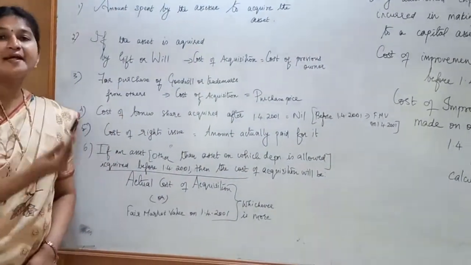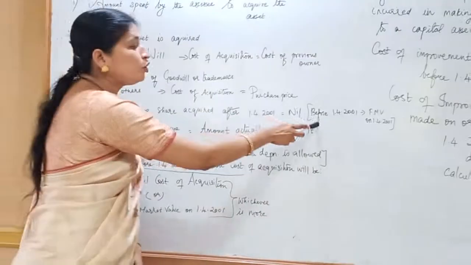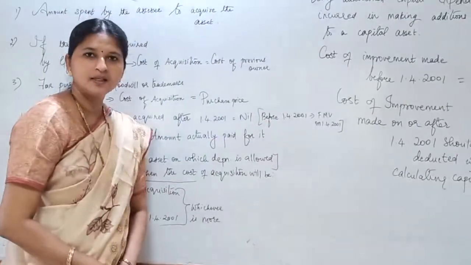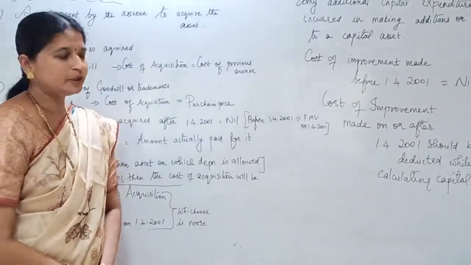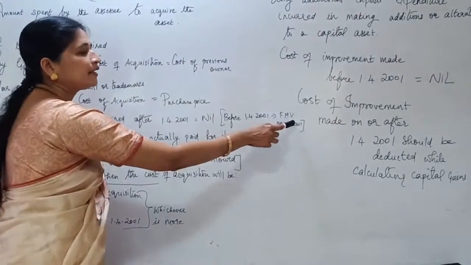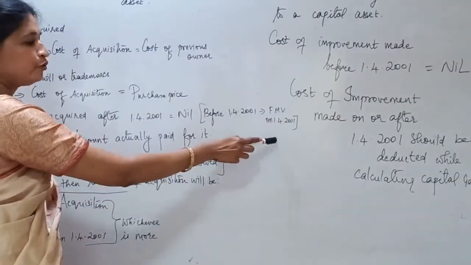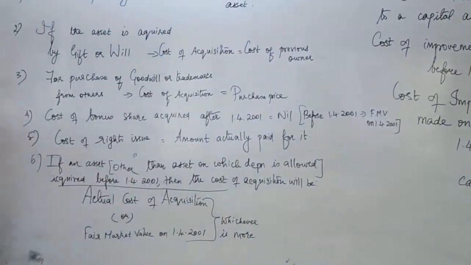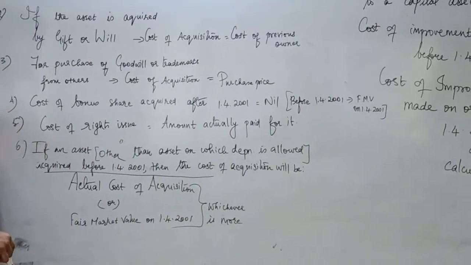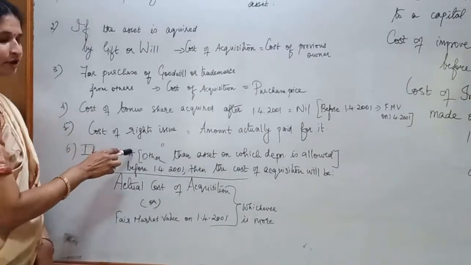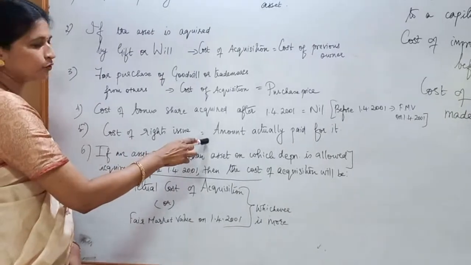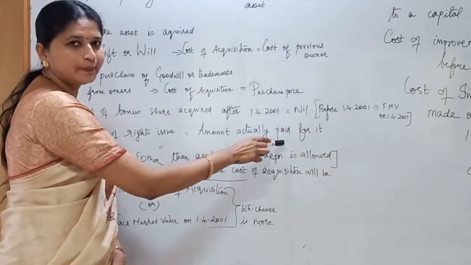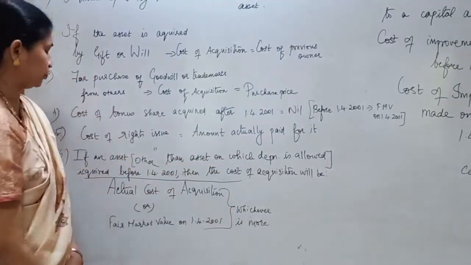If the bonus shares are acquired before 1/4/2001, then the cost of acquisition is equal to fair market value on 1/4/2001. In case of rights issue, cost of acquisition for rights issue is equal to amount actually paid for such rights issue.